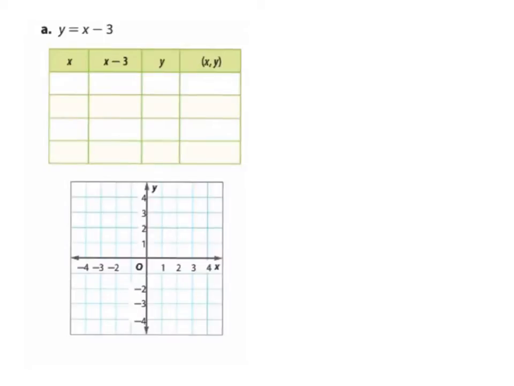We are now going to do this together. We have y equals x minus 3. Using our values, we're going to have -1, 0, 1, and 2.